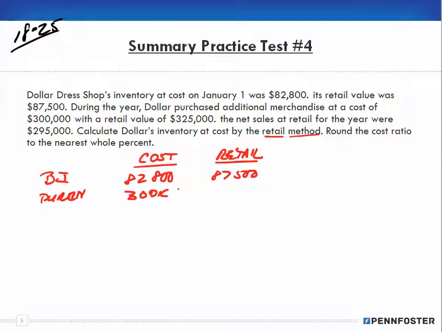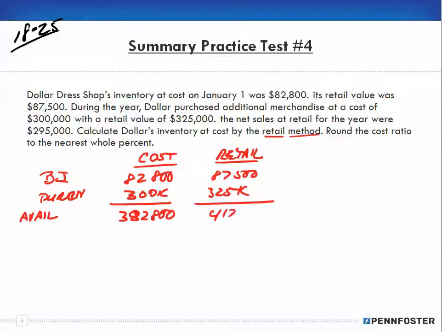Okay. And the retail value was 325,000. Okay. So that makes our goods available for sale 382,800 at cost and 412,500 at our retail. Right, so that's available for sale.